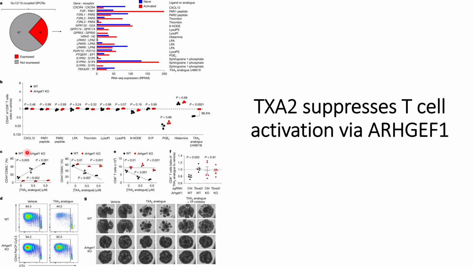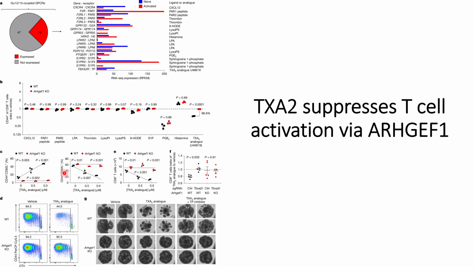They then checked the impact at different concentrations of U46619, which is the analog for TXA2. They saw that activated T cells go down with increasing concentration of this analog, and CD8 plus T cell signals also go down.